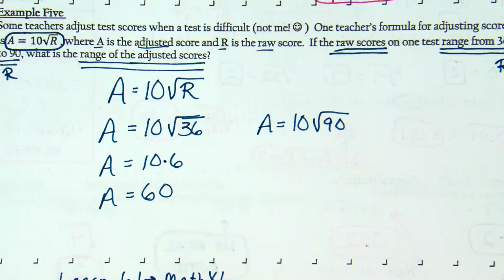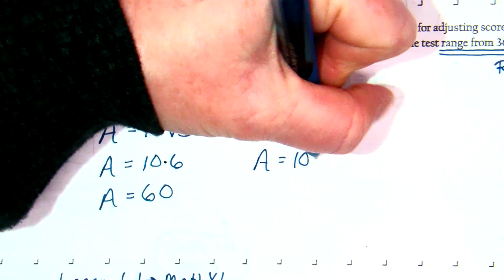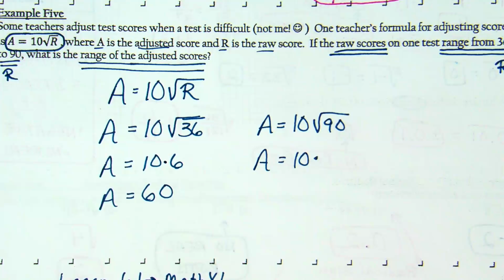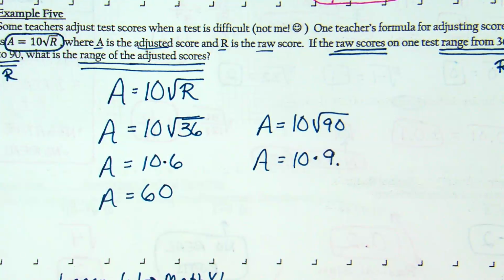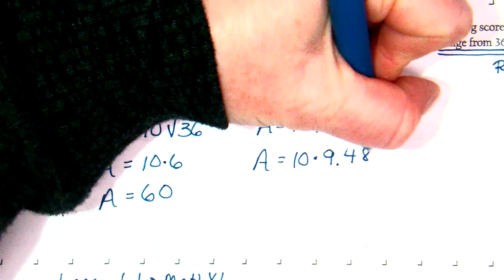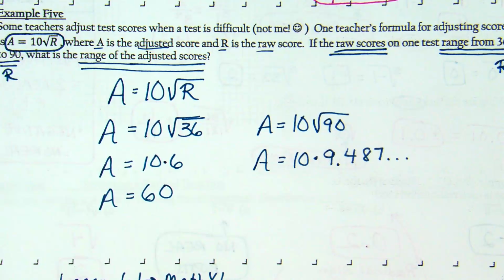Okay, 10 square root of 90. What is the square root of 90? Anyone got the calculator answer? I went a little bit farther than 9.5. Yeah. I have written down 9.487, which I think is a rounded version. Okay, I went a couple of decimal places to get us started.